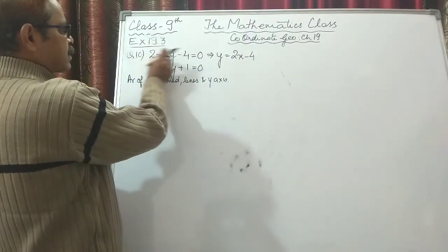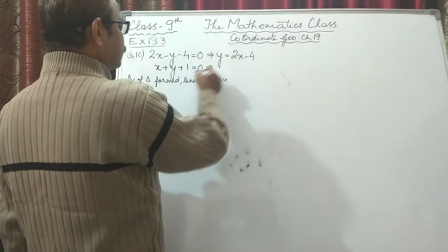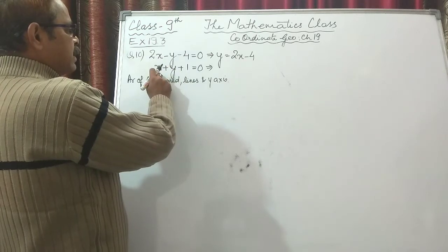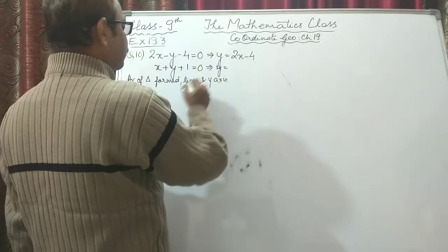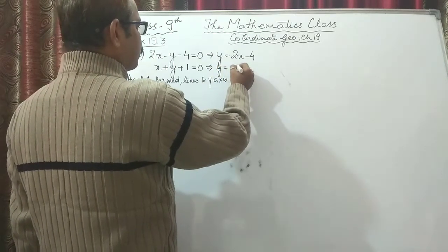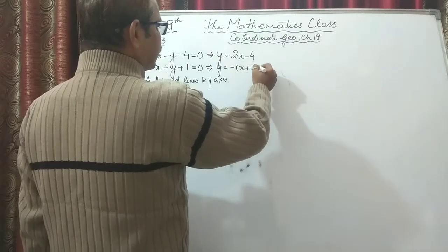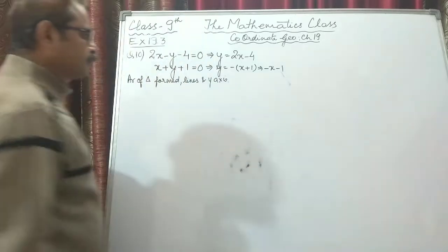So y is equal to 2x minus 4. Similarly, in the second equation, y is equal to minus x minus 1.